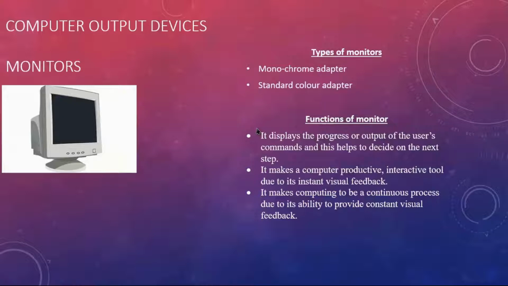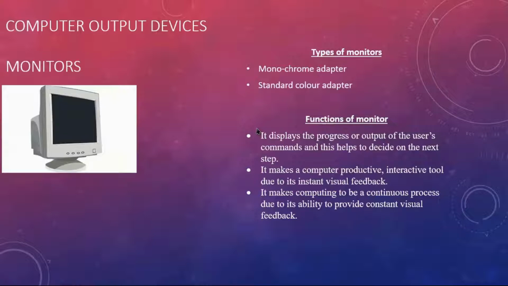The standard color adapter displays several colors, okay? These are the common ones, because even right now, none of you is seeing only one color. The screen I've shared has a lot of colors that we can see. It's because of the adapter it's running. These adapters come in different formats.